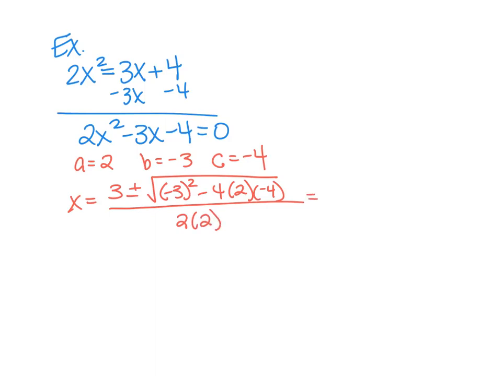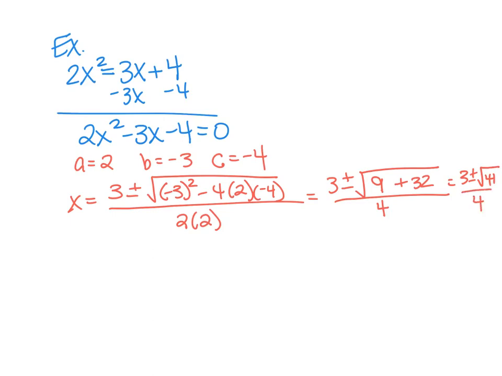Remember, I'm going to start simplifying the inside of that square root first. So I'm going to have 3 plus or minus the square root. When I take negative 3 squared, I get 9. When I take negative 4 times 2 times negative 4, I get positive 32. All that's over 4. I'm going to keep simplifying here. So I'm going to have 3 plus or minus the square root of 41 over 4.